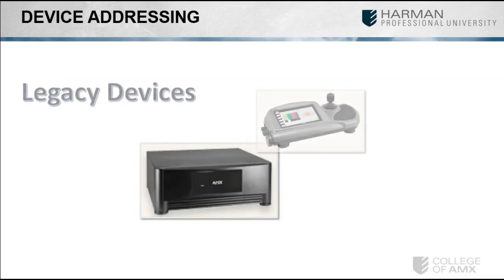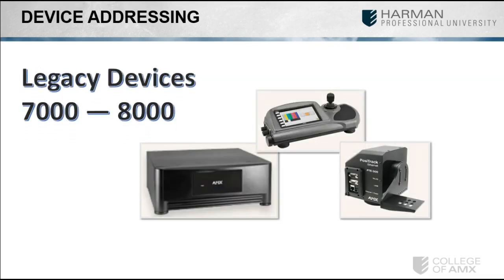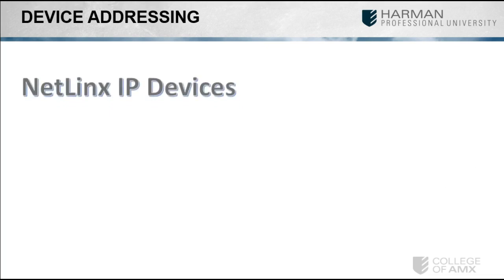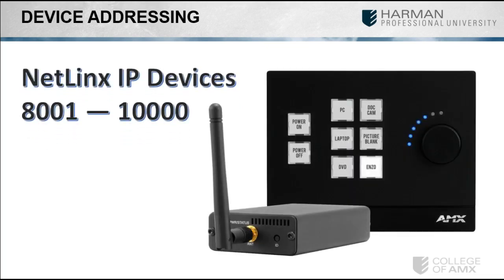Device numbers from 7000 through 8000 are reserved for legacy devices. Next up is the range of 8001 through 10,000, which is used for native NetLinx IP devices such as the Massio MKP series keypads or the ZigBee Pro gateway.